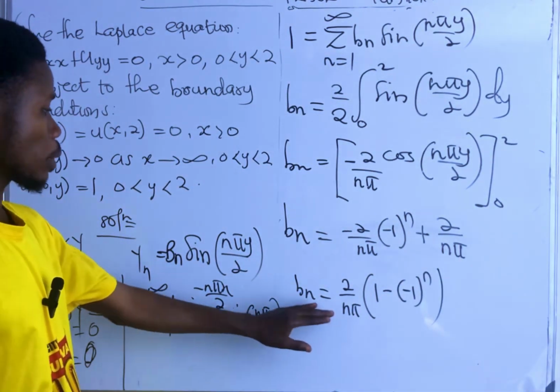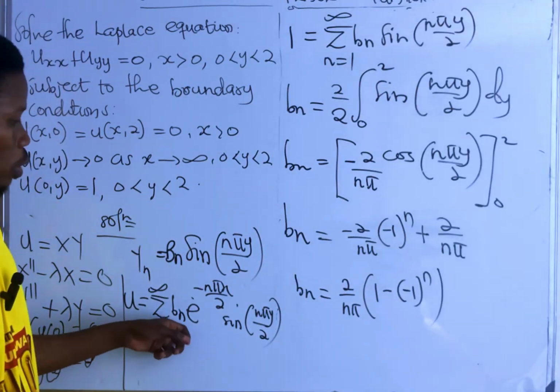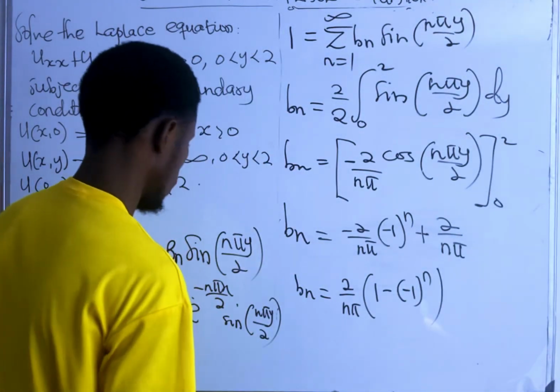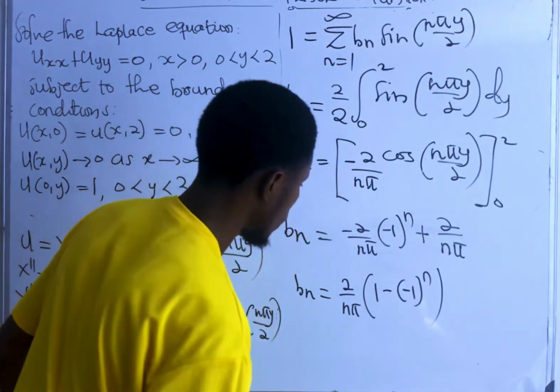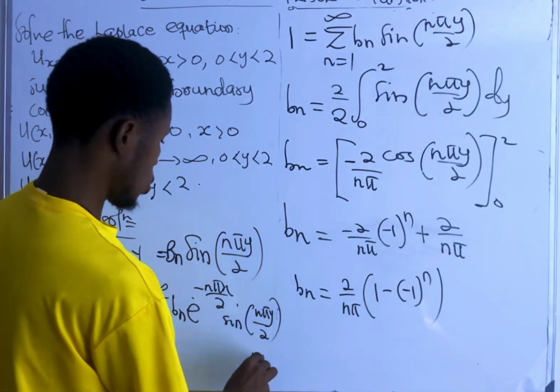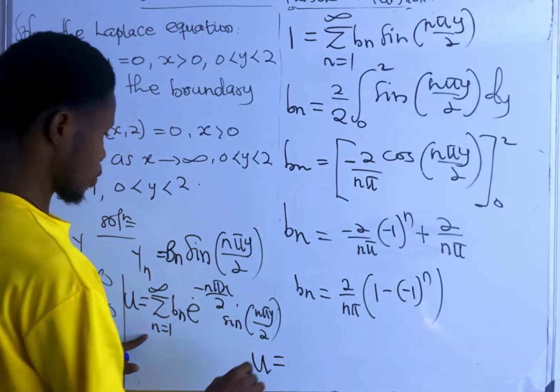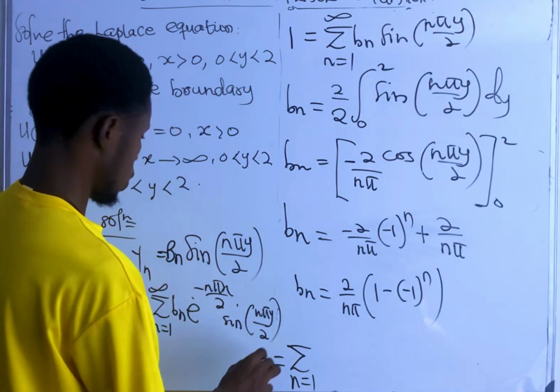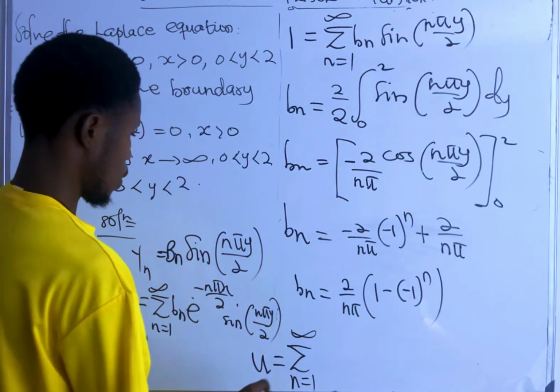So I'm just going to substitute this one into the general solution. So let me clean here. So my general solution u is equal to the summation n equals 1 to infinity.